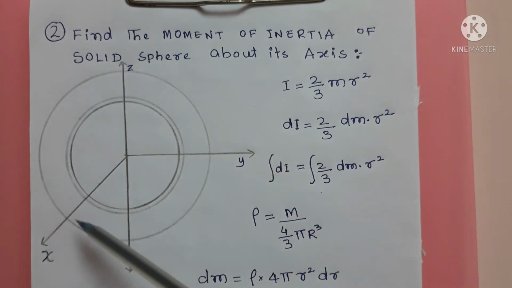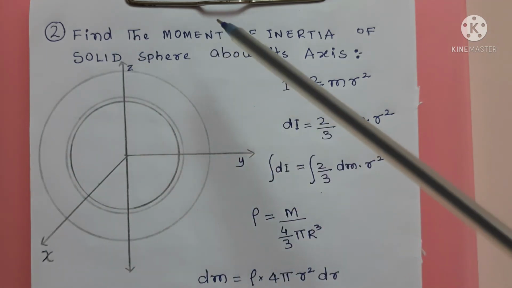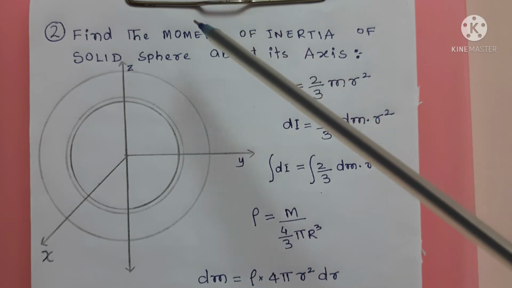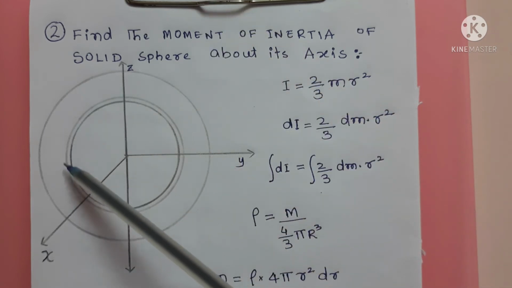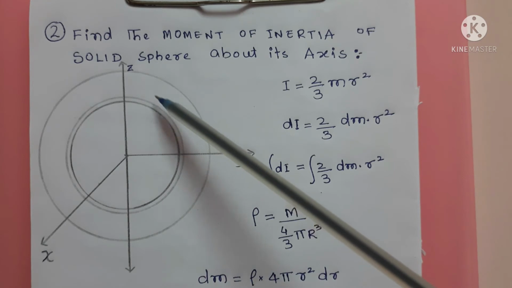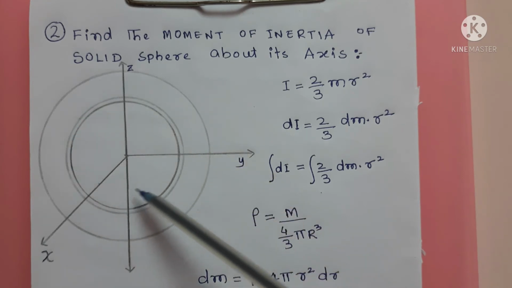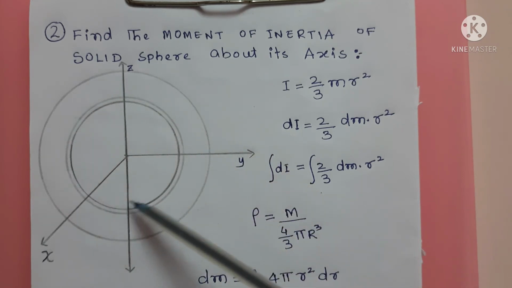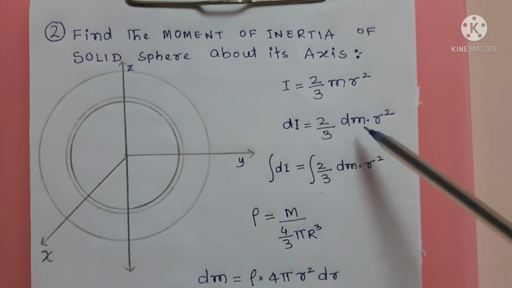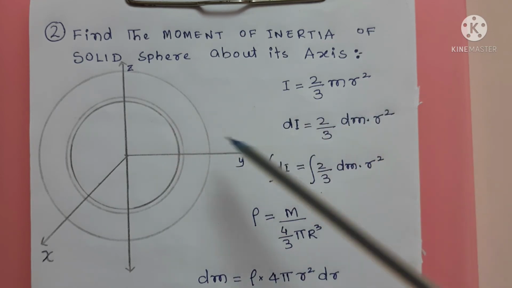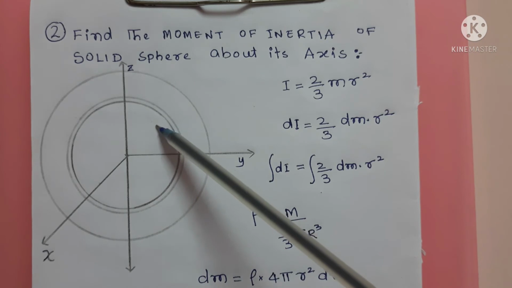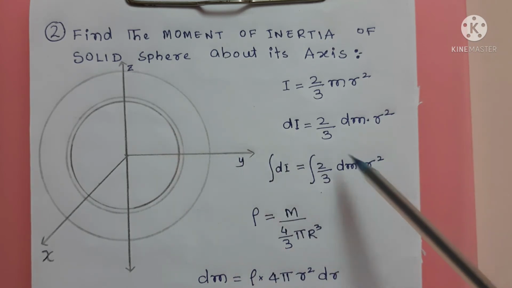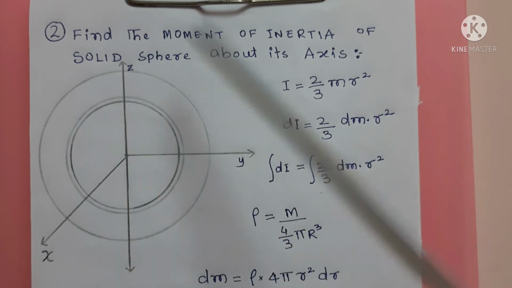The total solid sphere mass is capital M, but inside I cut like a hollow sphere, you assume. So this mass is dm, that is why it is dm. This r is the radius of this hollow sphere.